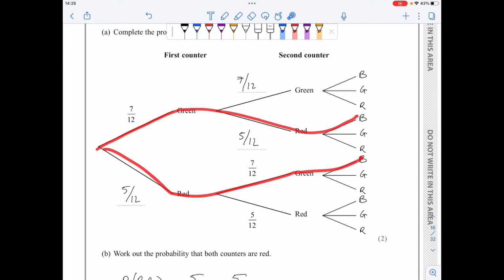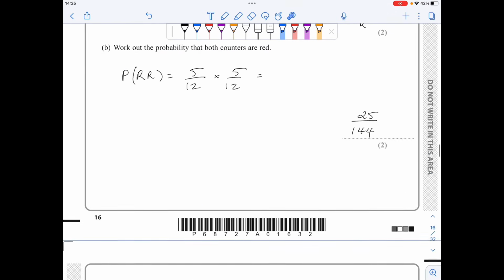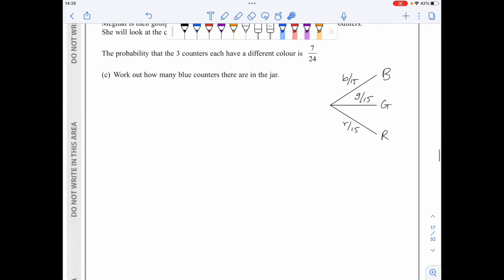So I'm going to add those two combinations, equate them to 7 over 24, and find B. So probability green, red, blue plus probability red, green, blue must be equal to 7 over 24.